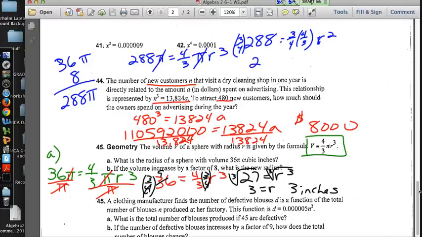That comes out to 216. Oops, I put a 2 up there when I was fixing my very bad looking R. There we go. And then we take the cube root of 216, which is 6 inches. So they increased the volume by a factor of 8, and that increased the radius to 6 inches.